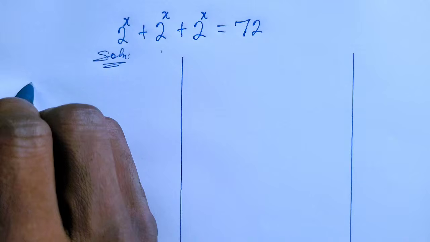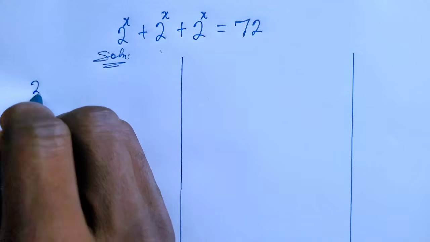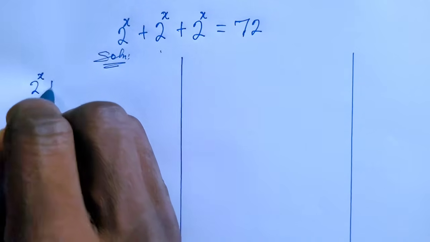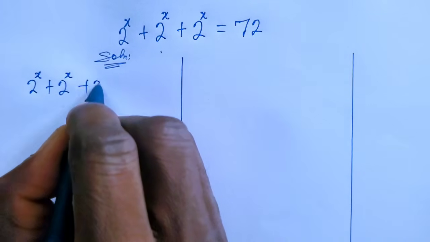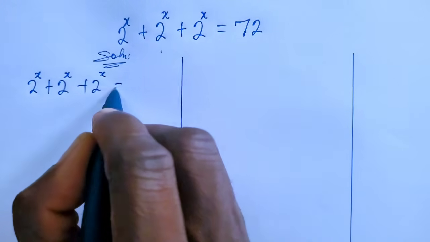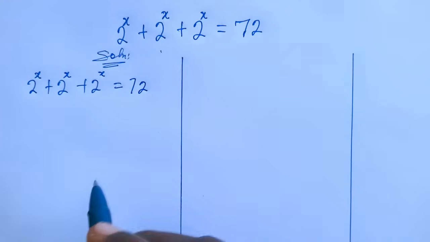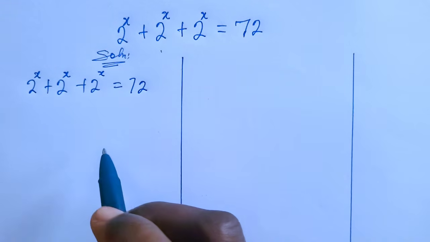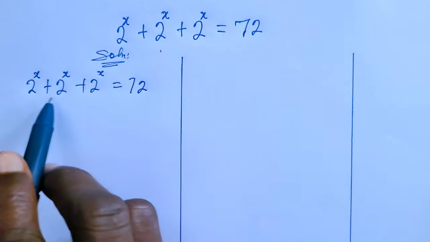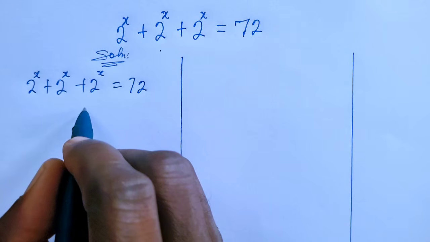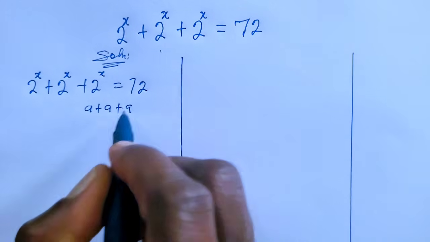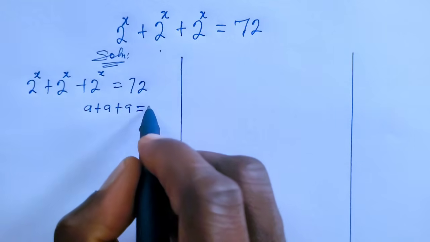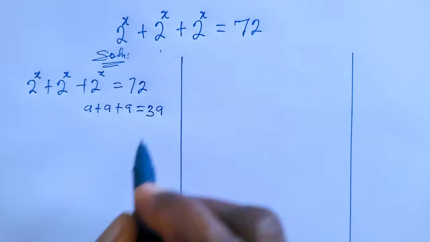We have 2 to the power of x plus 2 to the power of x plus 2 to the power of x equals 72. Now, right here, this is of the same order as a plus a plus a, which equals 3a.